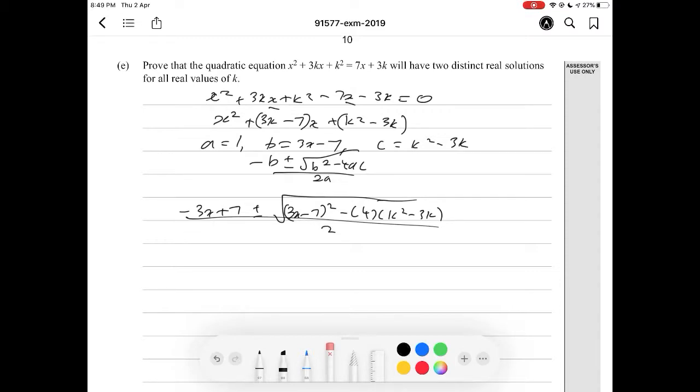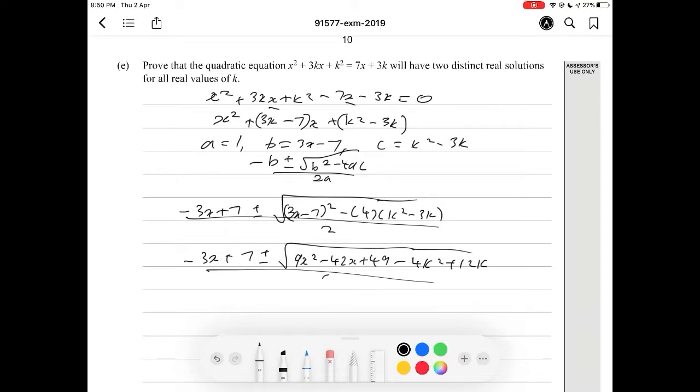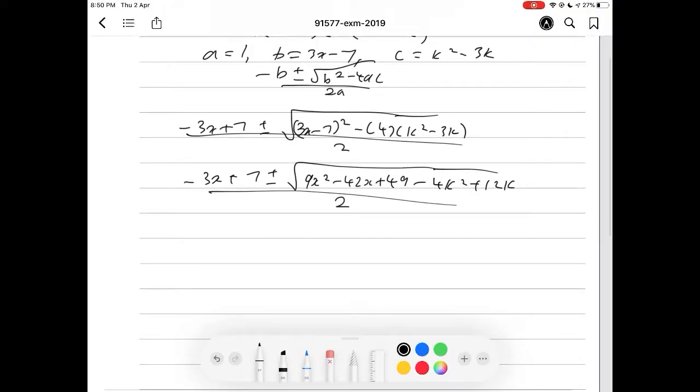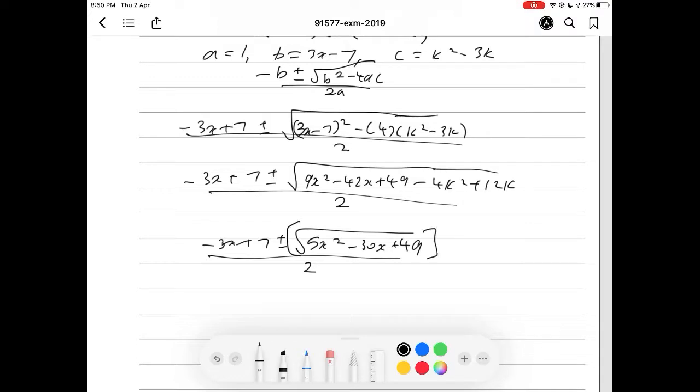Okay. Negative 3k plus 7 plus or minus square root of 9k squared minus 42k plus 49 minus 4k squared plus 12k, over 2. So we have negative 3k plus 7 plus or minus square root of 5k squared minus 30k plus 49, over 2. And this here is our discriminant.